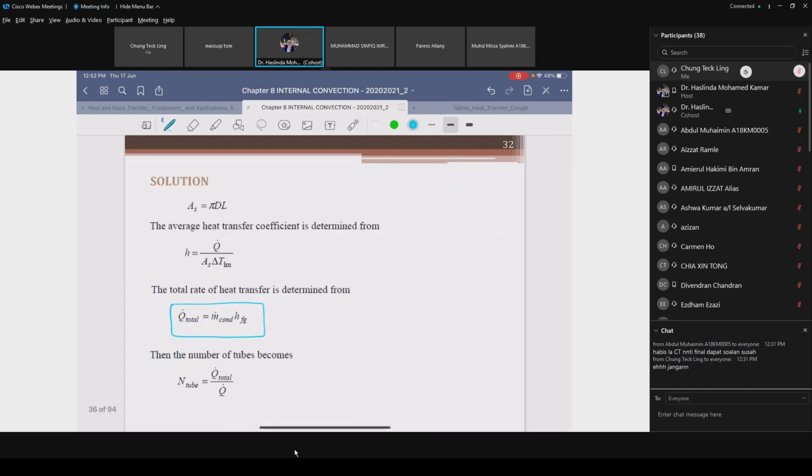Kan? Okay, tak apa. So now, we want to know how many number of tubes must be used so that we can do this heat transfer process effectively. So this is the formula. So you know the what? The Q total is actually the condenser, the steam flow rate.